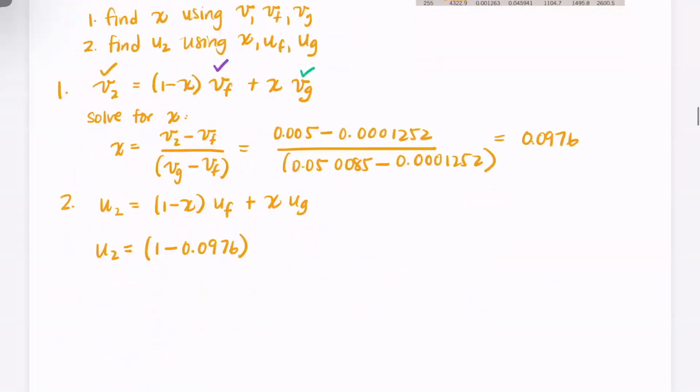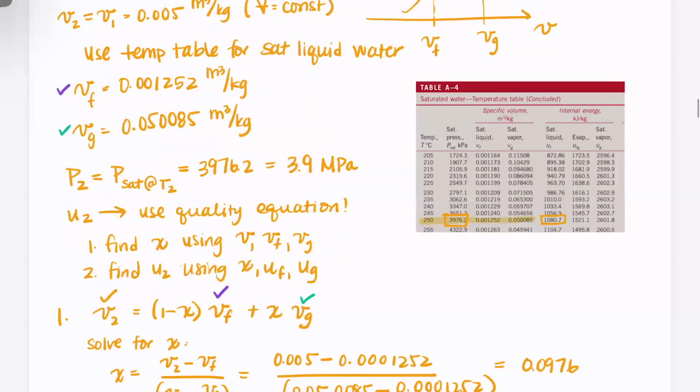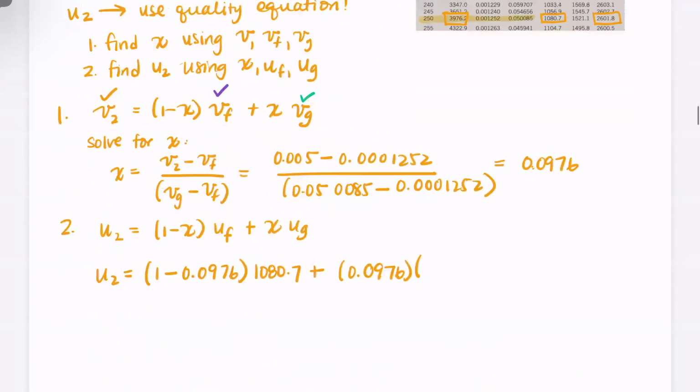It's 1080.7. Plus our quality again, 0.0976, times UG, which is in the table right here. It's 2601.8. All right, and this gives us 1229.2 kilojoules per kilogram.